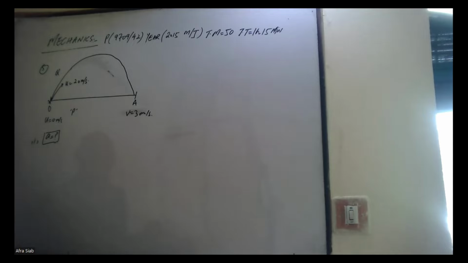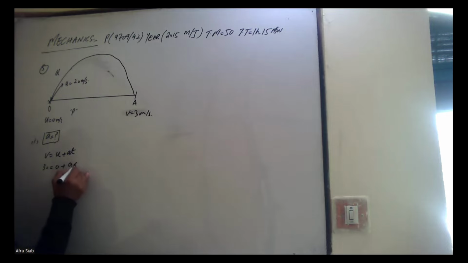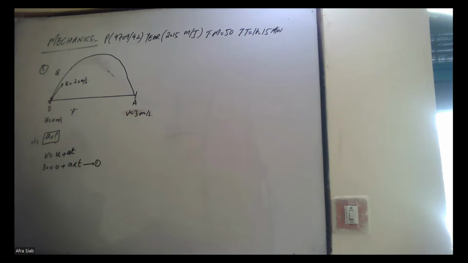First of all, we calculate the value of this acceleration a. Since the motion is on a straight line, we can use the equation v equals u plus at. v is 30, u is 0, acceleration we don't know, and the time is also not known. So we are going to first calculate the time t. But we know one thing, that the other particle Q is projected upward with a speed of 20 meters per second.